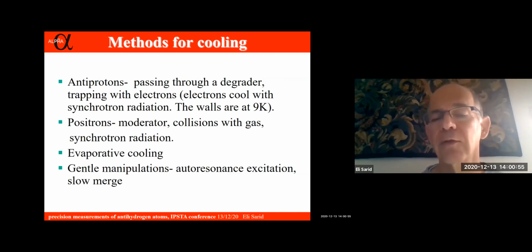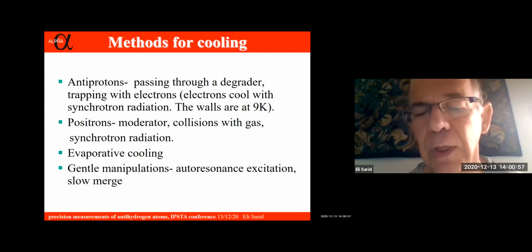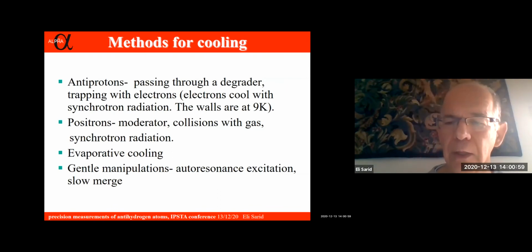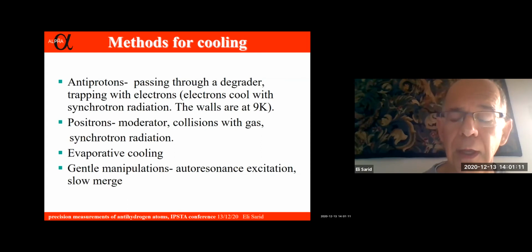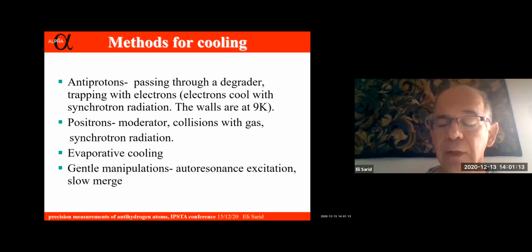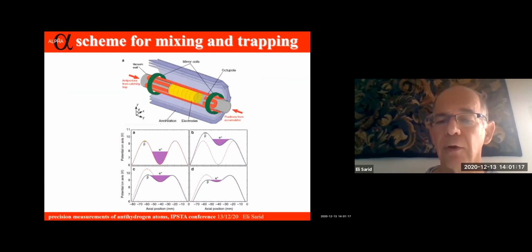And everything needs to be done with very gentle manipulations when we mix the species together. So the first technique that we developed was based on autoresonance excitation. This technique was helped by theoretical endeavor from the Hebrew University group of Lazar and Ido. Over the recent years, we have gone into slow merge, which is slow, as you see in this figure, slowly changing the potential scheme.